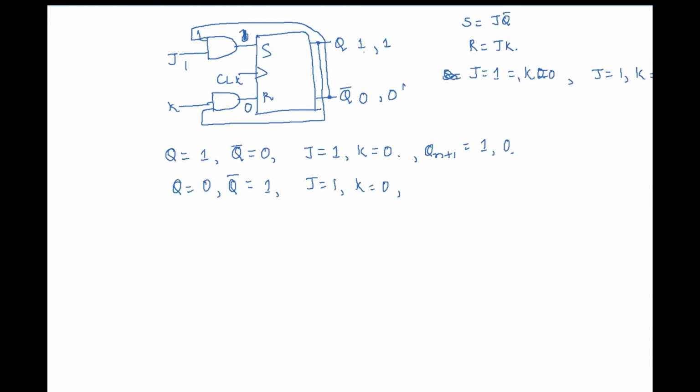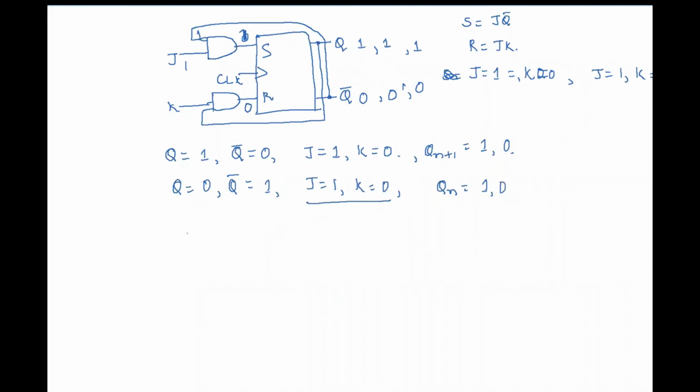So when S is equal to 1, your output is going to be 1 and 0. So what does it signify? It signifies that your output is actually being set when you apply this particular combination.